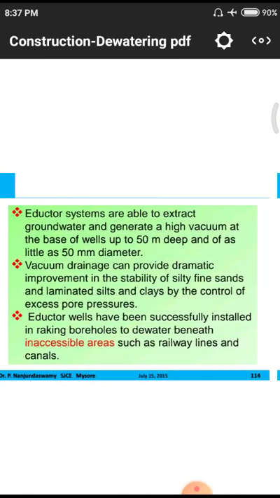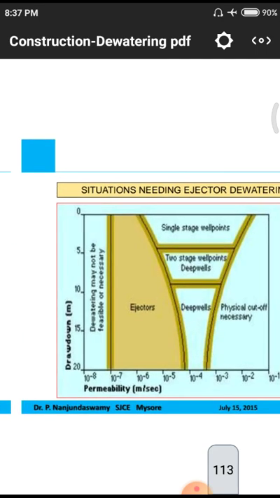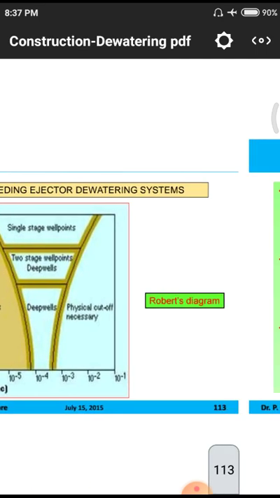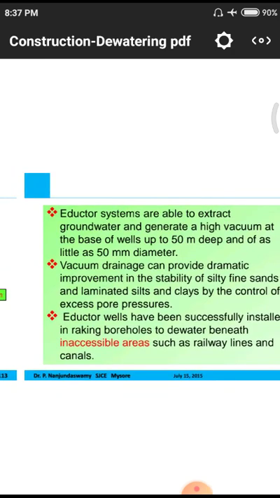Ejector systems are able to extract groundwater and generate high vacuum at the base of the well up to 50 meters deep and with as little as 50 mm diameter. In the previous discussion we observed only up to 20 meters, but these ejector systems are capable of drawing water from 50 meters depth also.